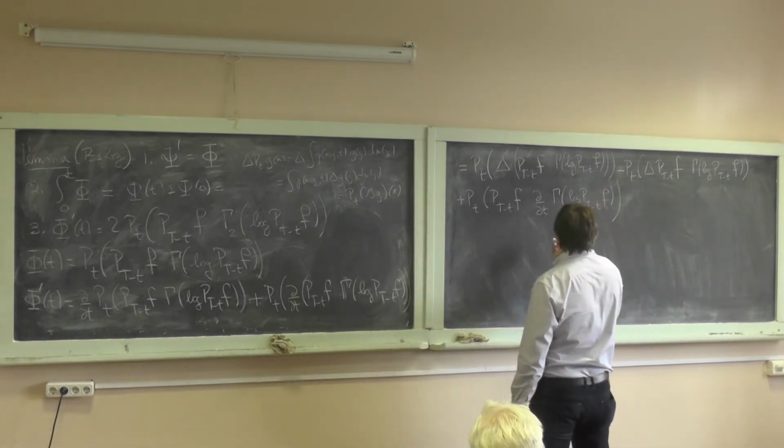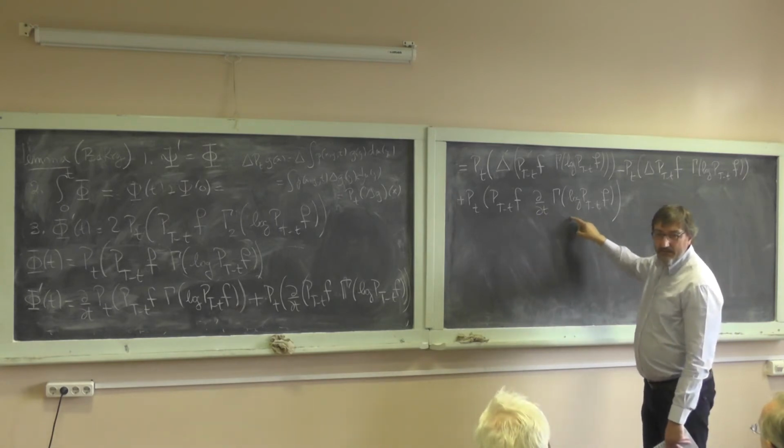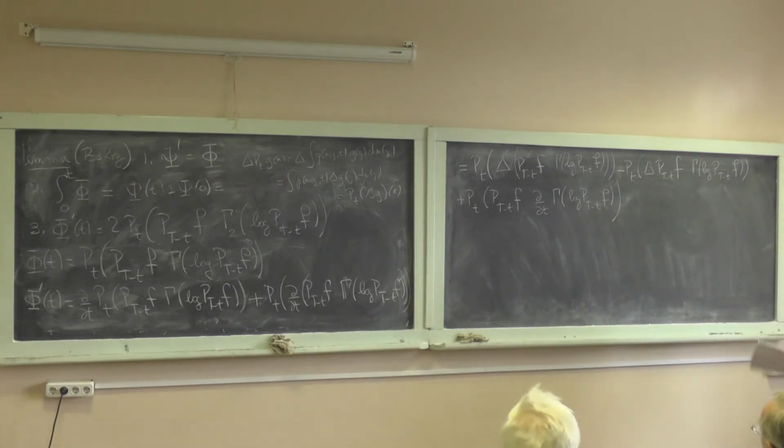So let's see. Is this clear enough, or is it confusing? This is d/dt of this function here. Okay. So I think I put everything now.